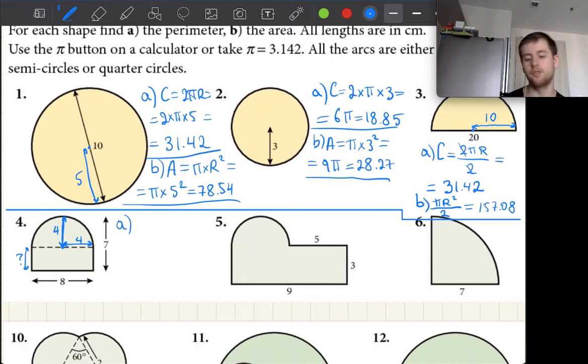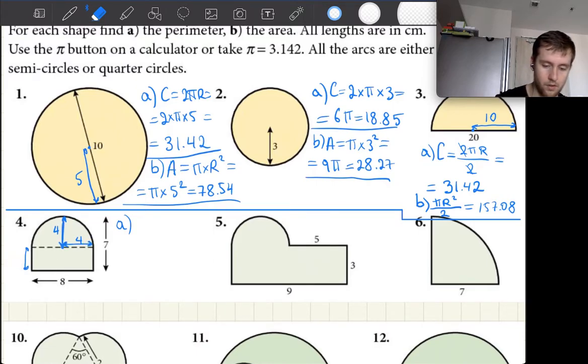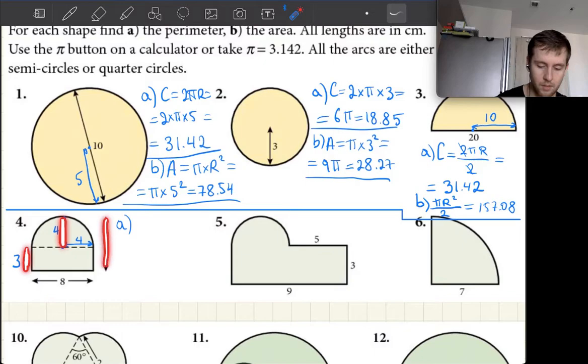So this is 4, and also this is 4 as well, which gives us the rest of this distance is going to be 3, right? So we have 3 here and then 4 here, and together they make up 7, right? 4 plus 3 is equal to 7. So now we know the dimensions of the rectangle.